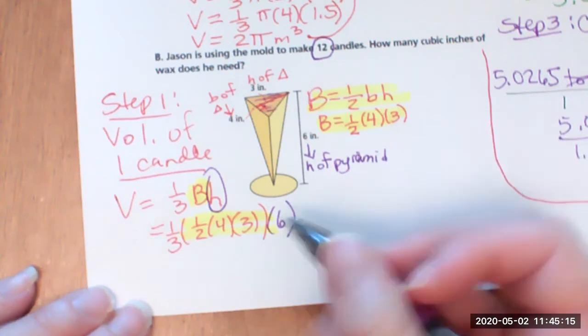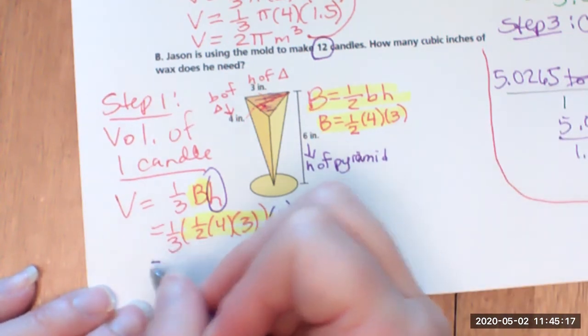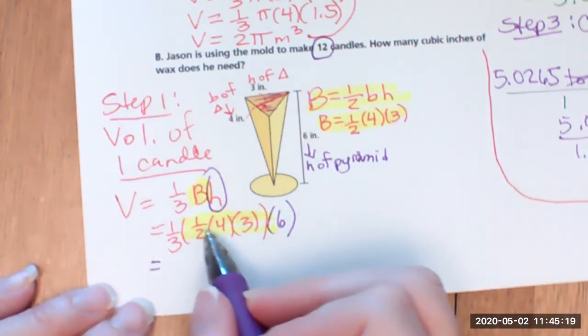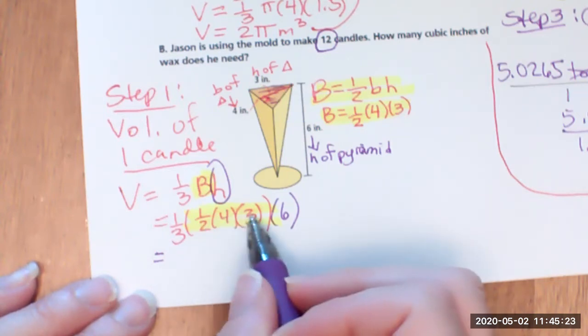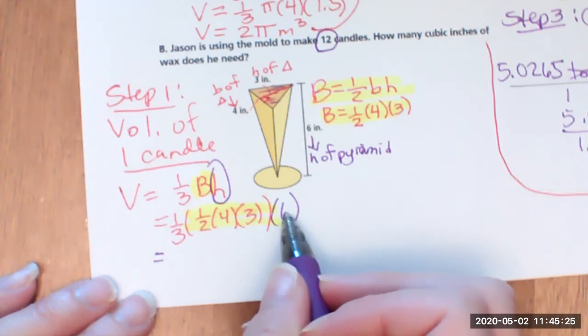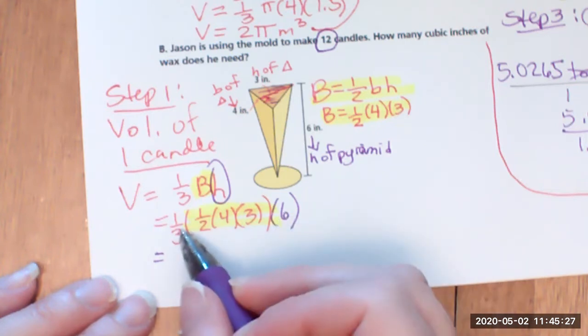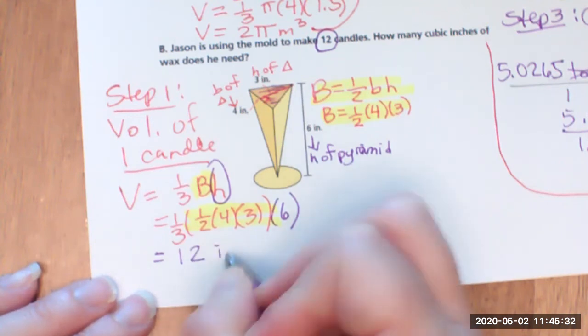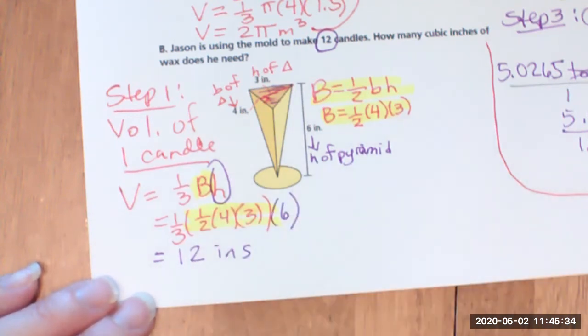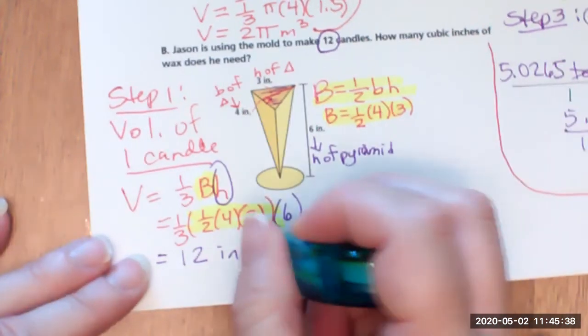And so we'll multiply all this out. I can kind of do this mentally. 1/2 of 4 is 2, times 3 is 6. 6 times 6 is 36, divided by 3 gives me 12. So the volume of one candle is 12 cubic inches.